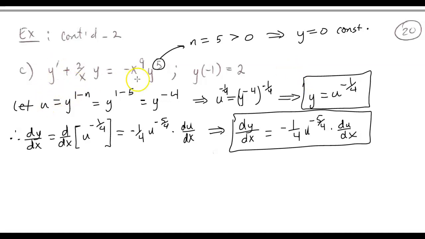So now we just take our equation here and make our substitutions. Here y prime plus 2 over x times y equals minus x raised to the 9 times y to the 5th. We do our substitutions. y prime, which is the same as dy over dx, is just negative 1/4 u raised to the negative 5/4 times du over dx.